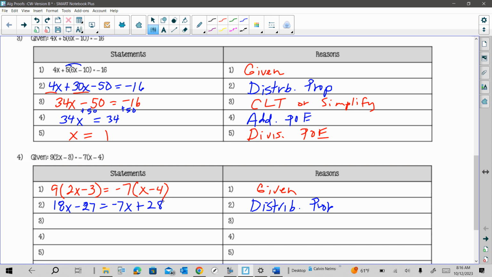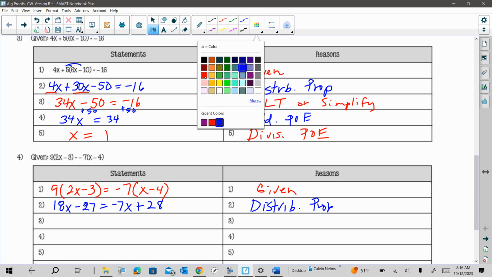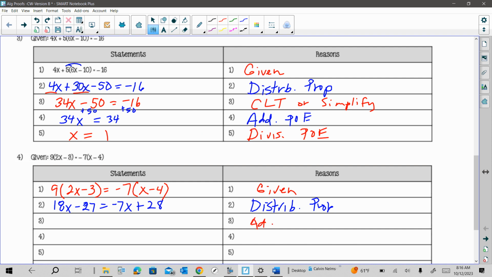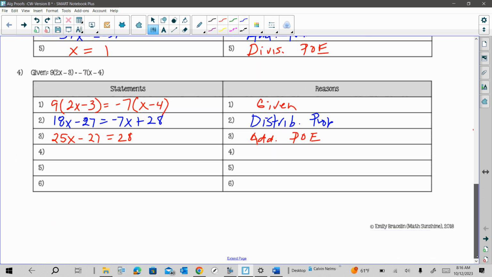So we need to get the x's on the left side, right? So we need to eliminate this minus 7x. So we're going to have addition property of equality. When I add the 7x, this becomes 25x minus 27 equals 28. Then, let me scroll this up just a little bit.